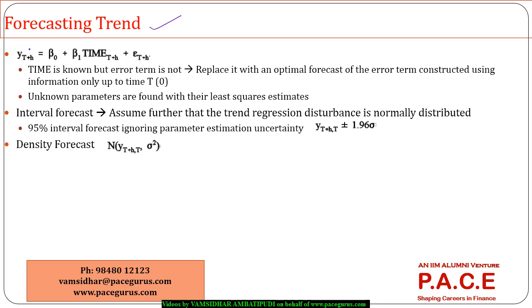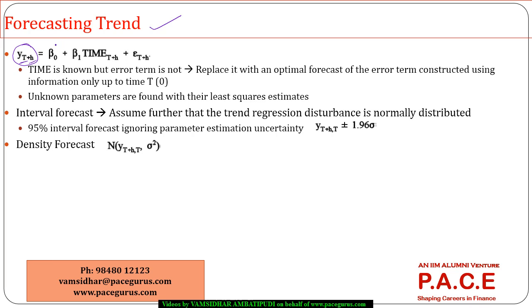So I have to take it as y t plus h for some h periods in the future. That is what we are calling t plus h. T is the current period and h is the number of periods in the future. When I say t plus 1, it's the next period, t plus 2 is the period after that, and so on.